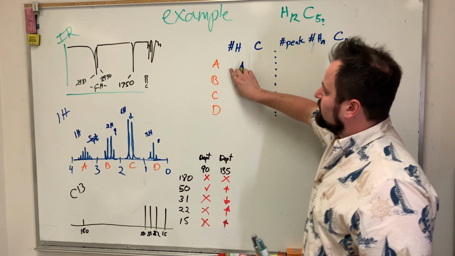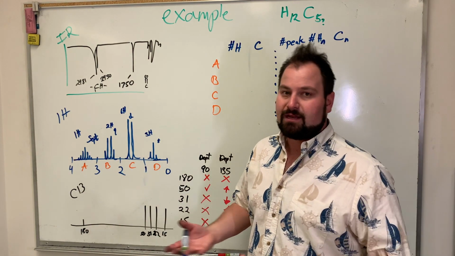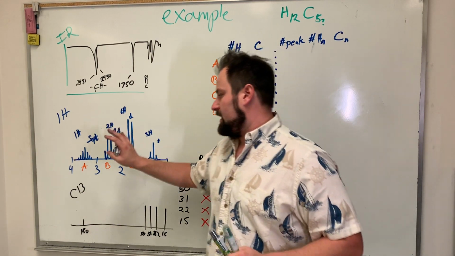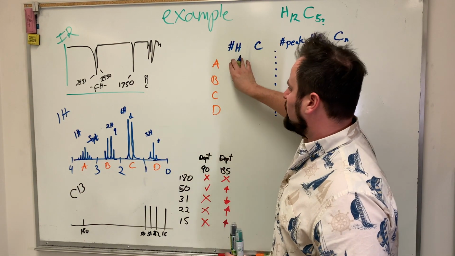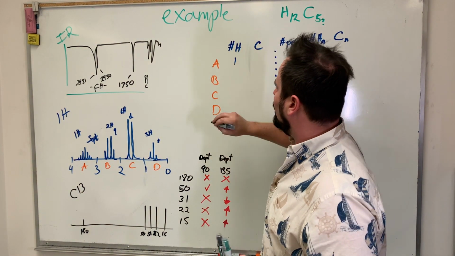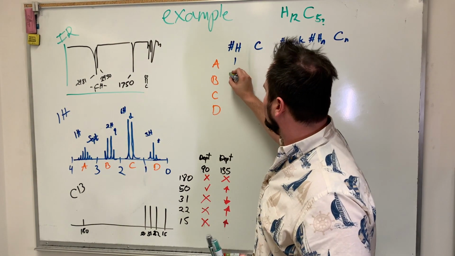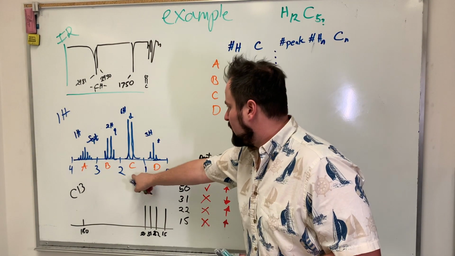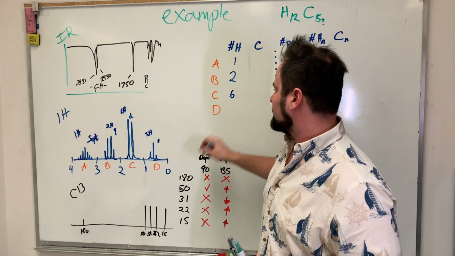For our first peak, and I labeled the peaks A, B, C, D, I have 4 peaks, I find it easier to talk about and to think about if I have a label for them. So for A, we know how many hydrogens are on it. Oh, we have 1. That's easy enough. For B, we have 2. It is literally given, so I'm just copying it down. For C, it's 6. And for D, it's 3.